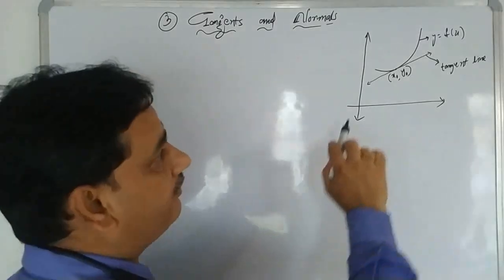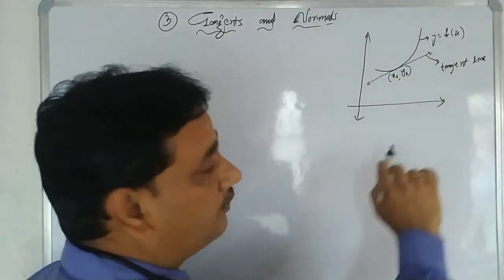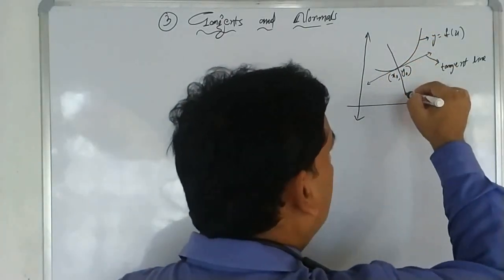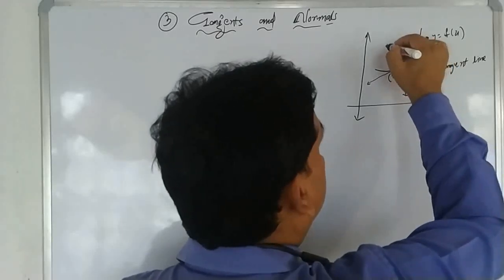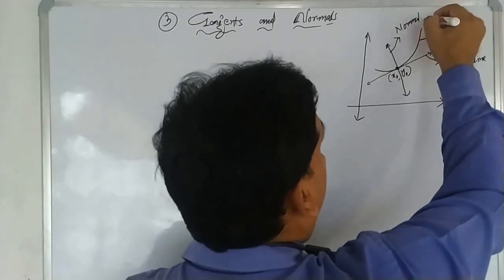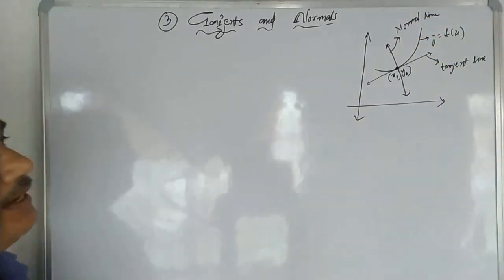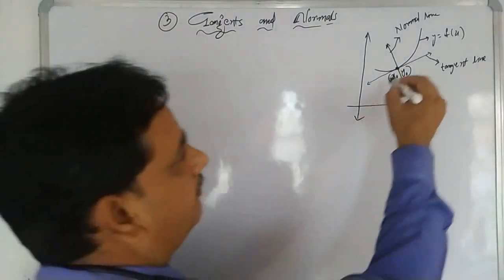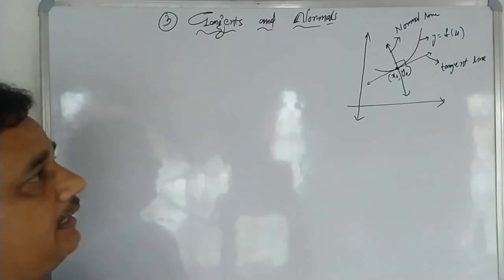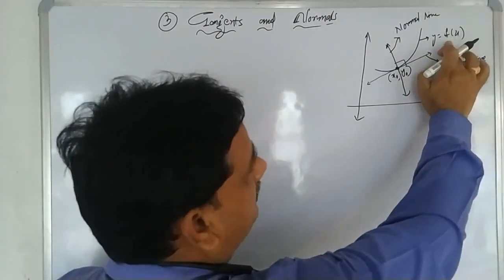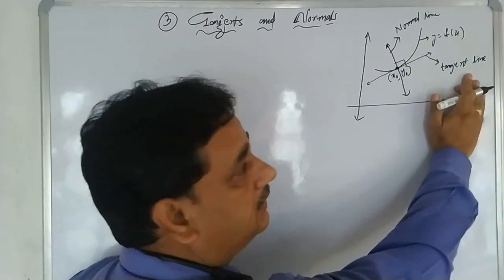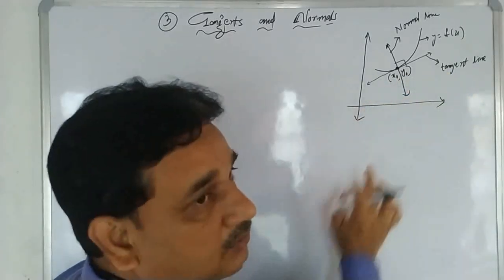Normal, you know very well, is perpendicular to the tangent. So this is called the normal line, tangent line and normal line. And this normal is perpendicular to the curve. Now, if this is f of x, then what is the tangent at this point x0, y0?